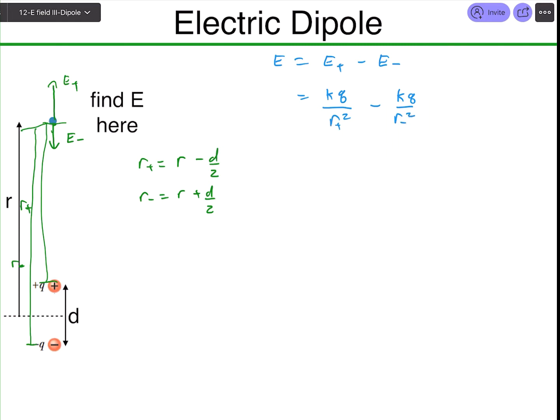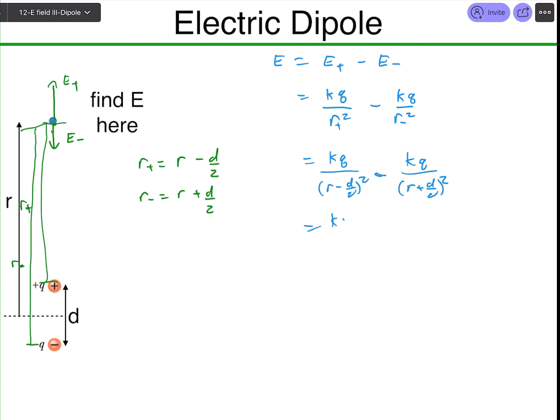So it's the difference between those two that is going to give us our electric field. So let me plug in for R plus and R minus, right? This becomes K Q over R minus D over 2 squared, minus K Q over R plus D over 2 squared. And, you know, this is a pretty complicated problem.